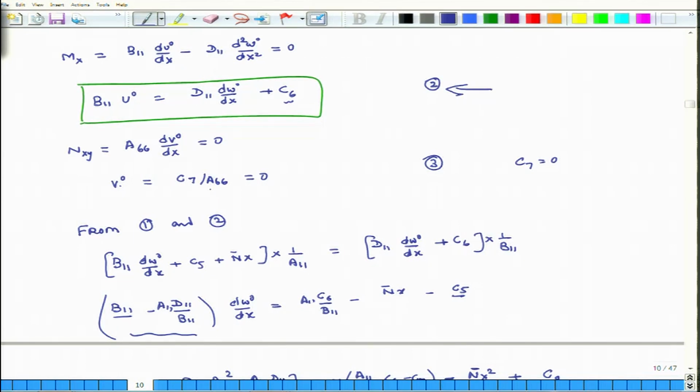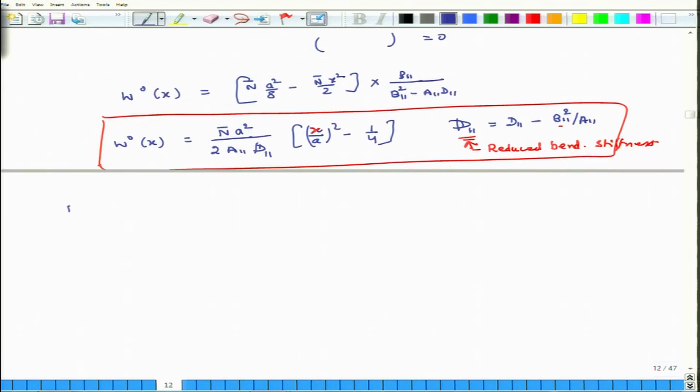Once you plug it in, what I am saying is, now compute dW naught over dx and put it back in equation 2 to find u naught x.